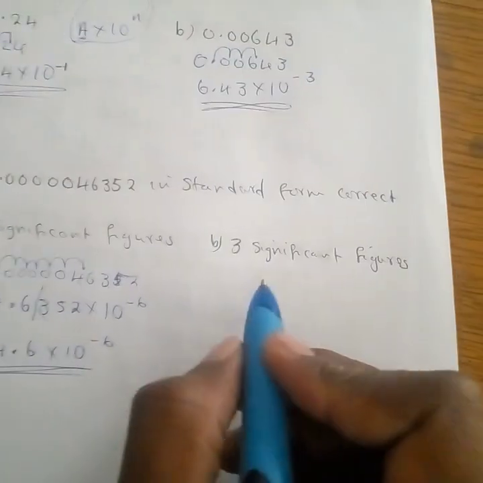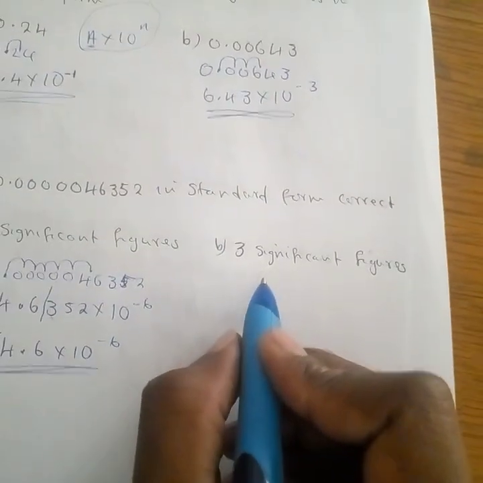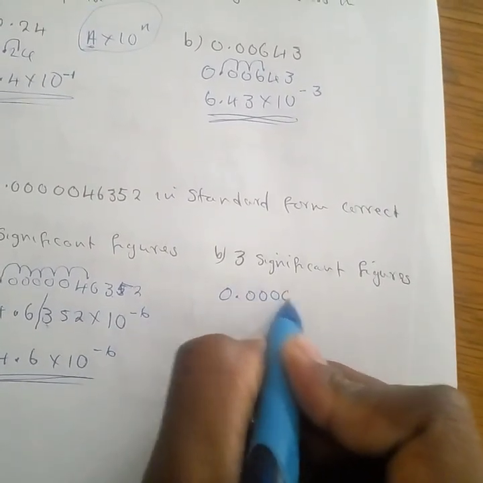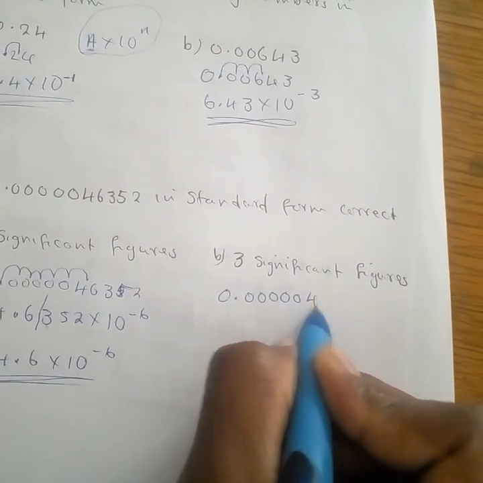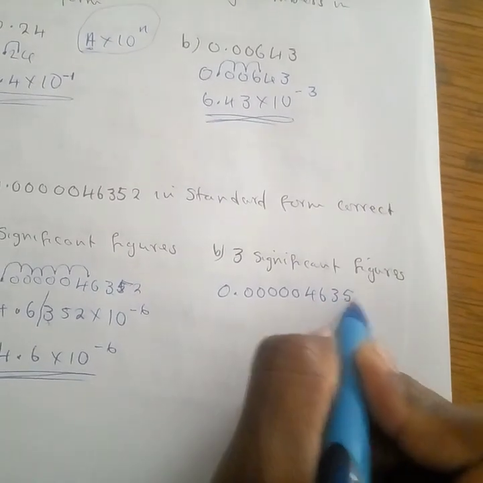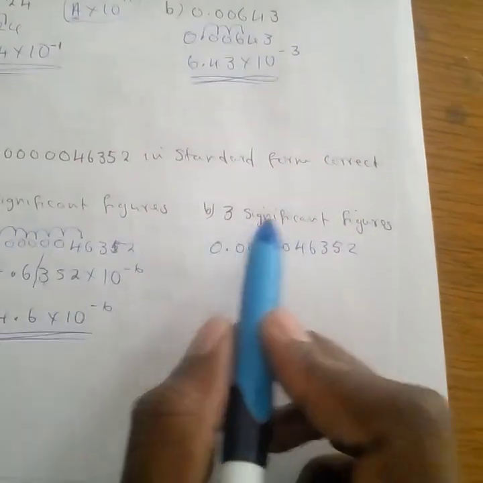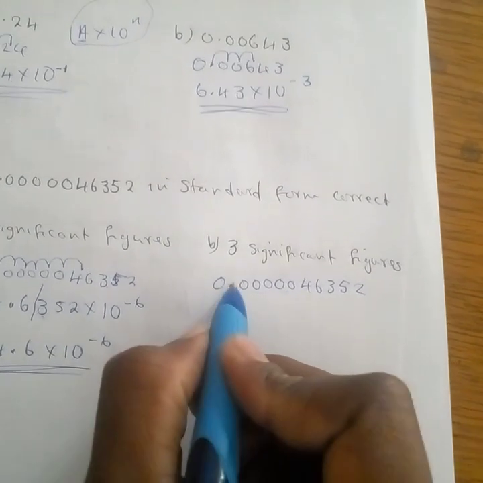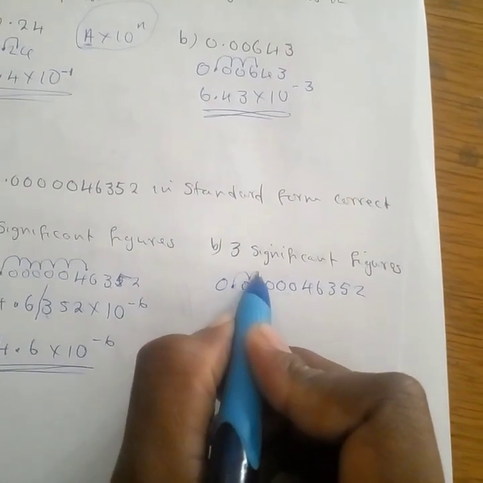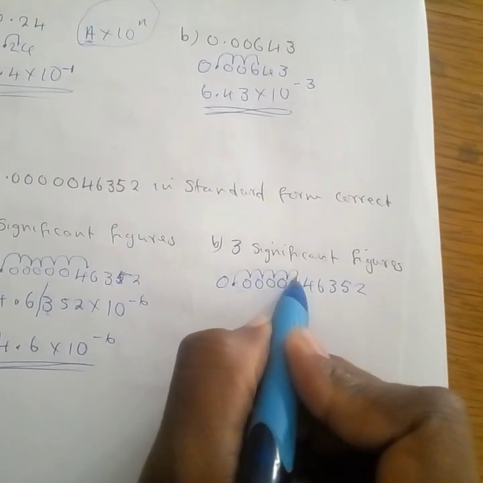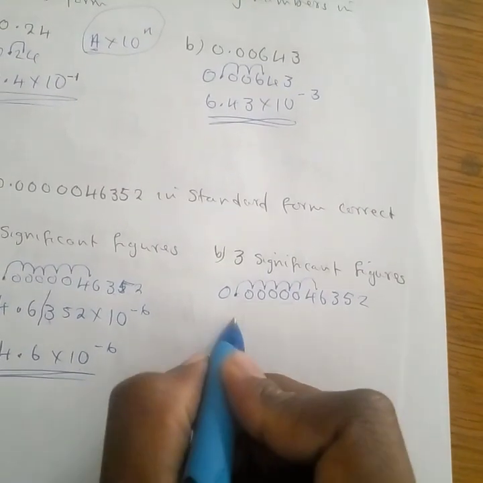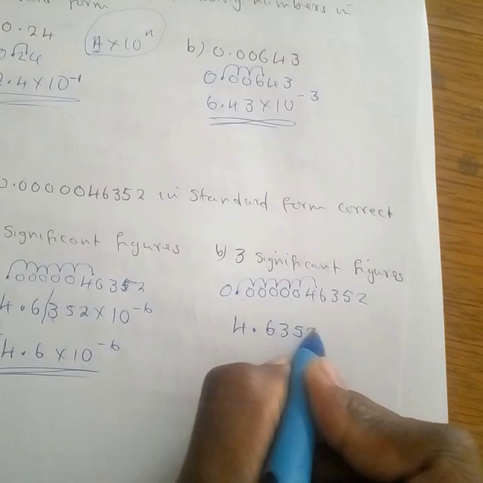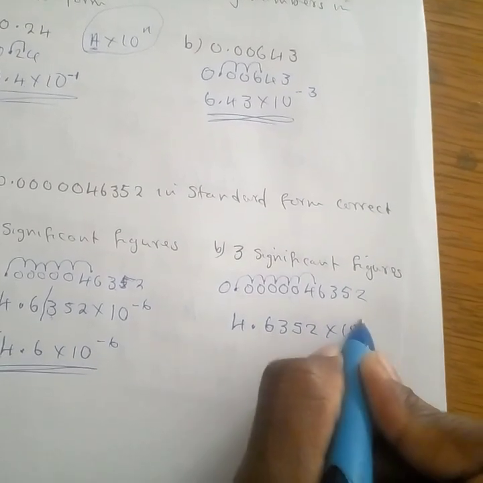The same applies with this question. In 3 significant figures, you're just going to write the whole number, 0.00000463352. They are saying in 3 significant figures, these zeros are not significant. So we are going to move the decimal point. 1, 2, 3, 4, 5, 6 there. So it will be 4.63352 times 10 to power negative 6.